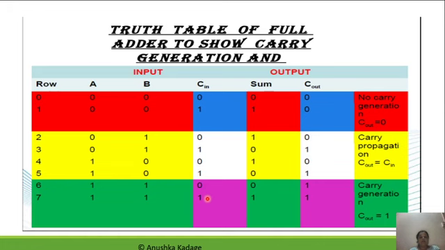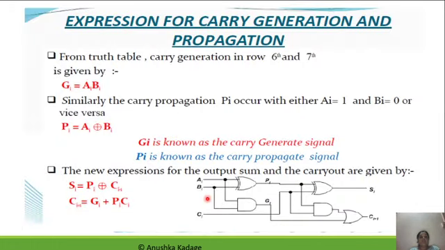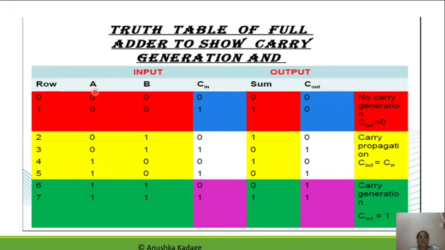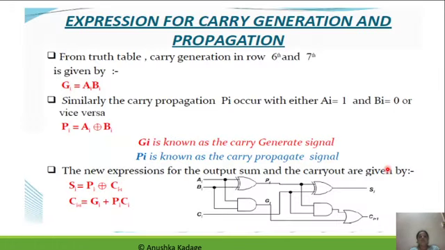And that's why, to draw this logical diagram, we can say that carry generation is nothing but the AND output of A and B. While in the previous case of carry propagation, we observe that when either A or B is 1 and the other bit value is 0, that time we get the carry propagated from C in towards C out.